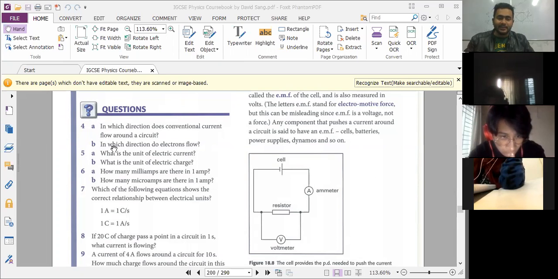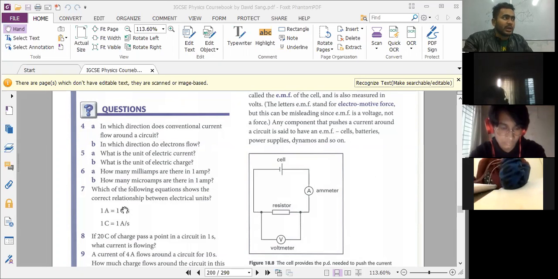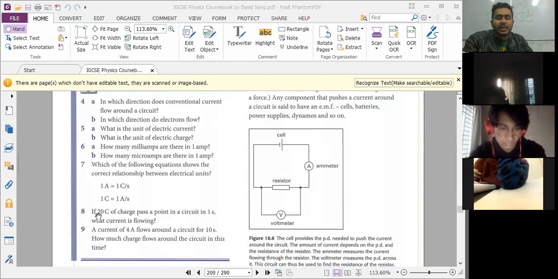Then 6b, how many microamps are there in 1 amp? It's 10 to the power minus 6, right? Number 7, which of the following equations shows the relationship between electrical units? 1 amp equals 1 coulomb per second. Correct. Number 8, if 20 coulomb of charge pass a point in a circuit in 1 second, what current flows? 20 amps.